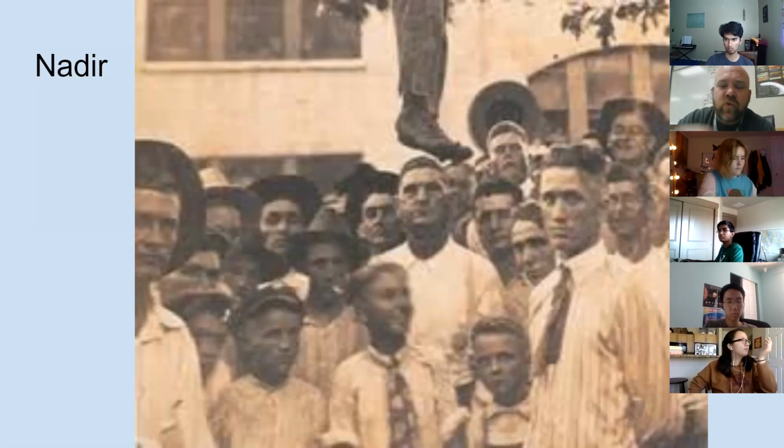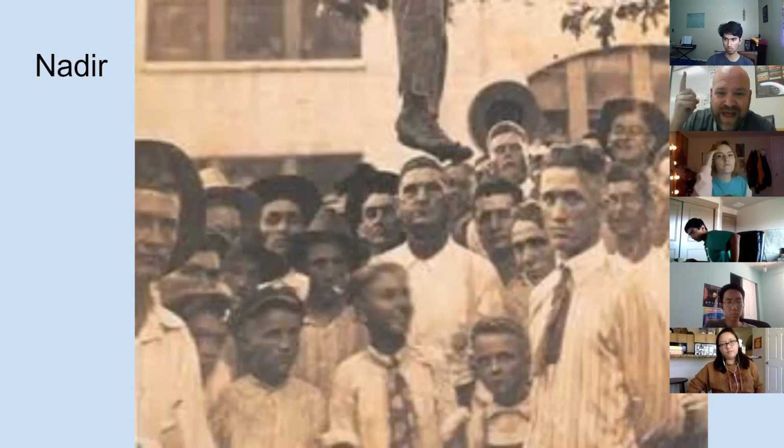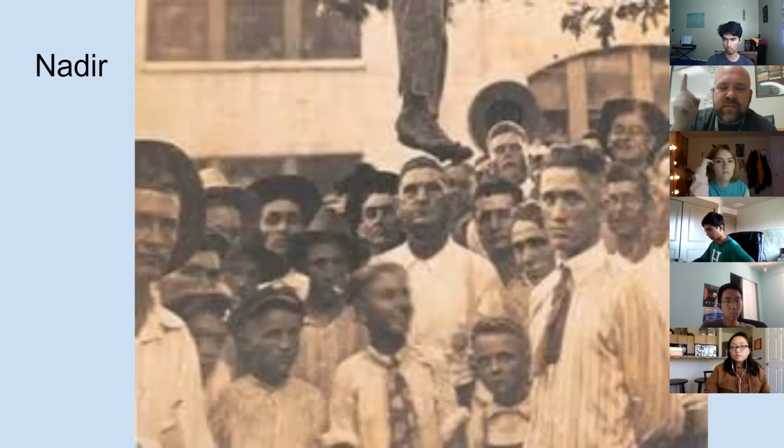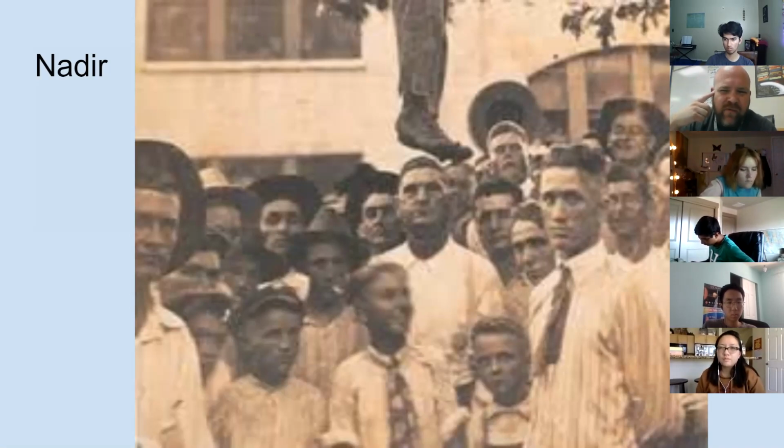Now, the other 20% of the lynching victims are going to be men who are not Black. So it'll be Chinese men, Mexicans, and Jews, right? And then a very small portion of them are going to be women. Only about 5% of the victims are women. Most of the time, the women aren't lynched.